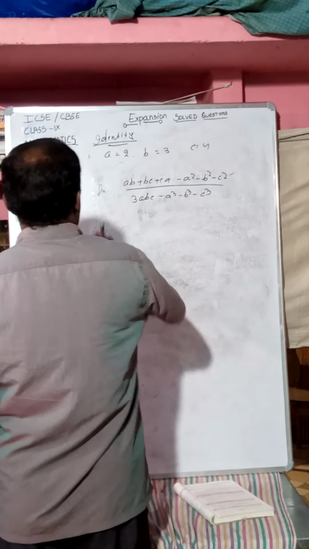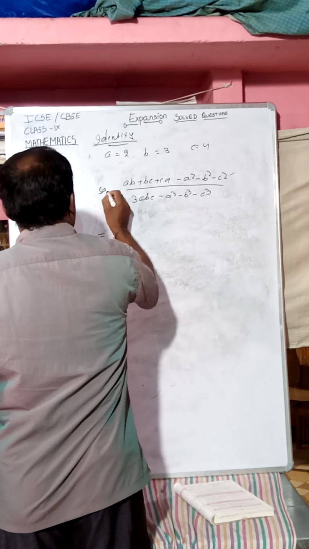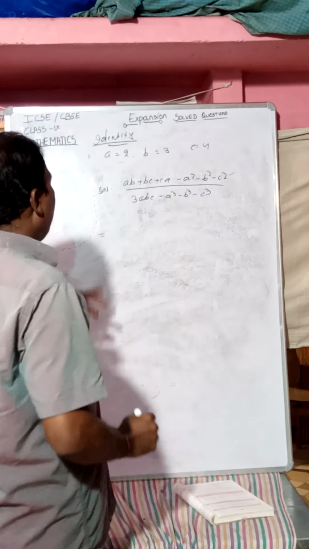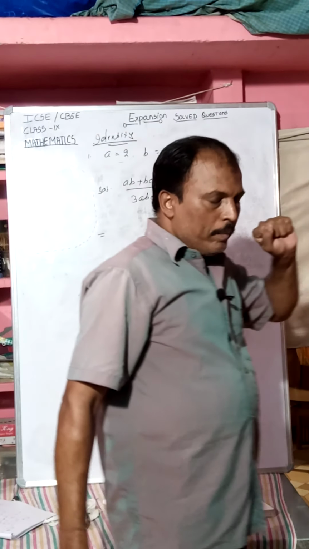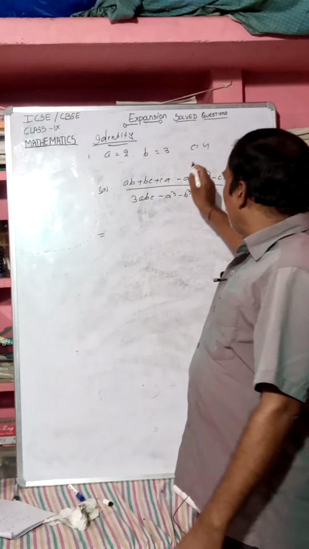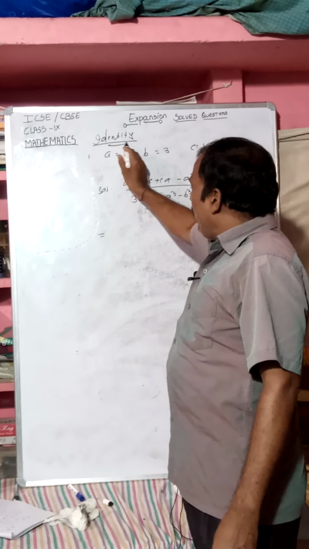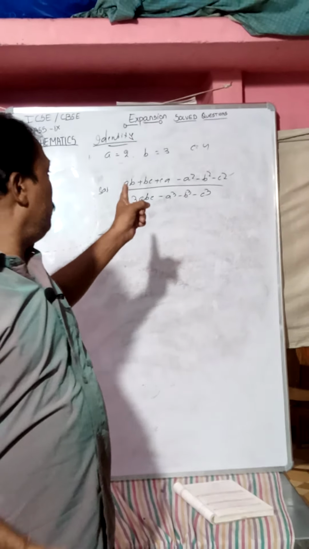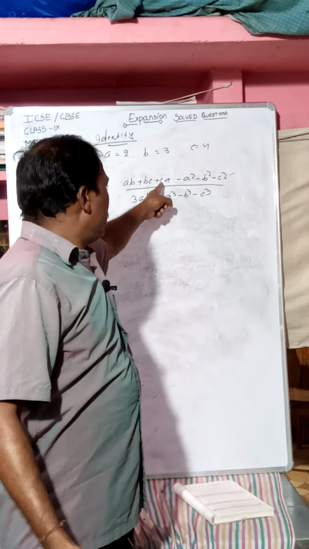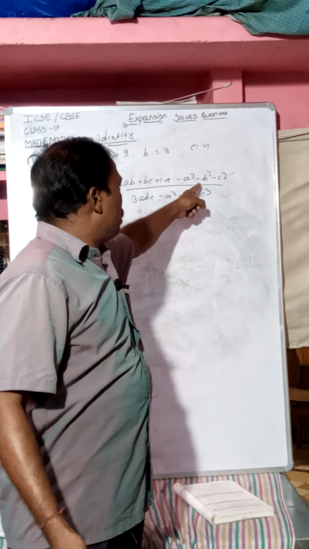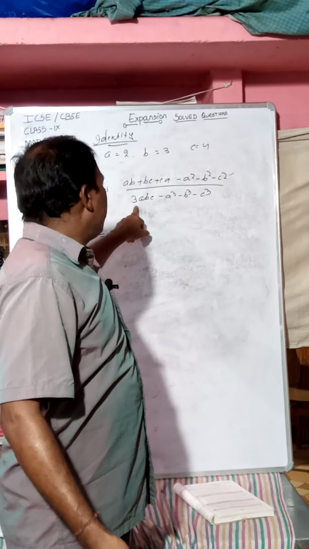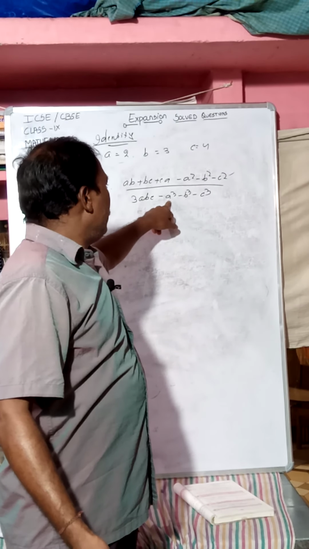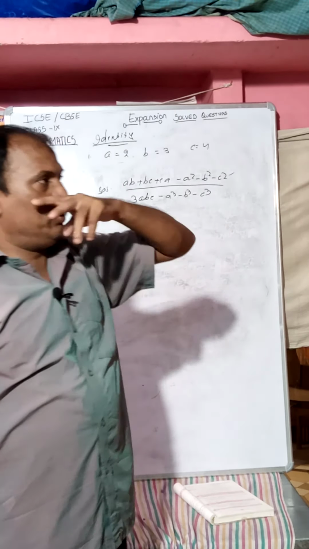Solution: if a is equal to 2, b is equal to 3, c is equal to 4, by applying identity, what is the value of ab plus bc plus ca minus a square minus b square minus c square and 3abc minus a cube minus b cube minus c cube? But now we look at the upper stage.